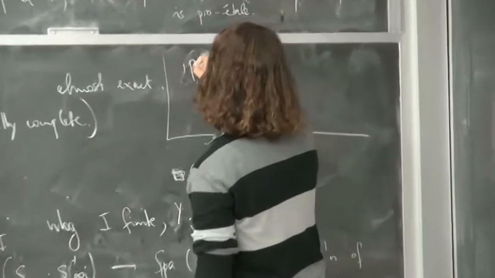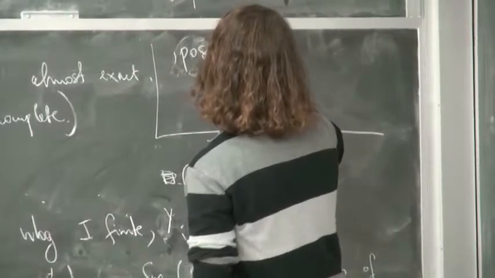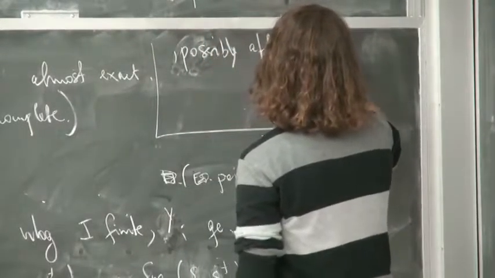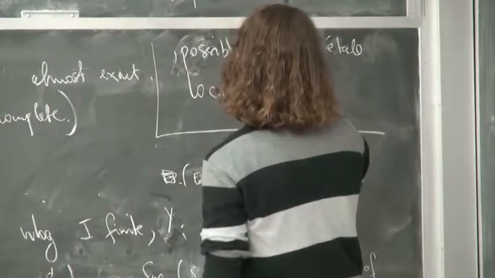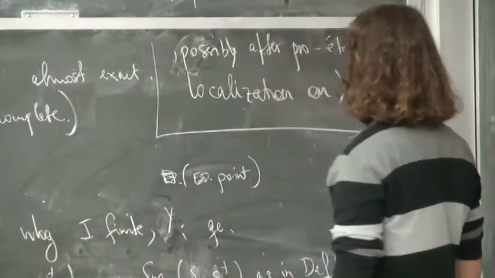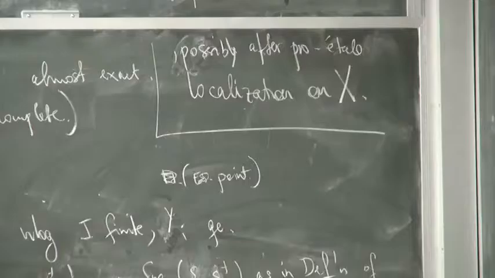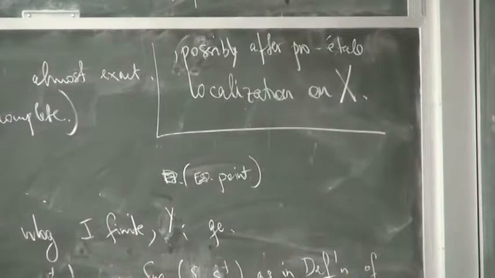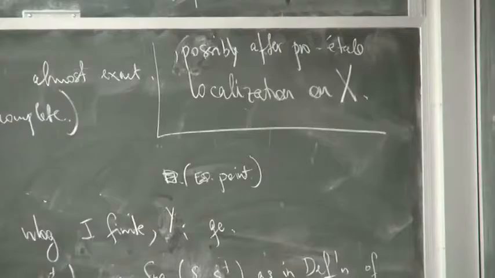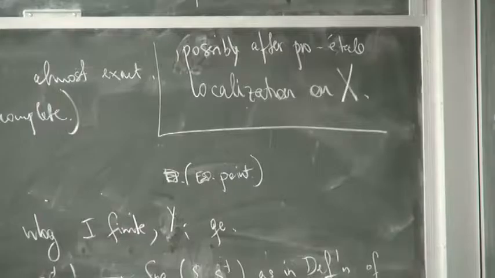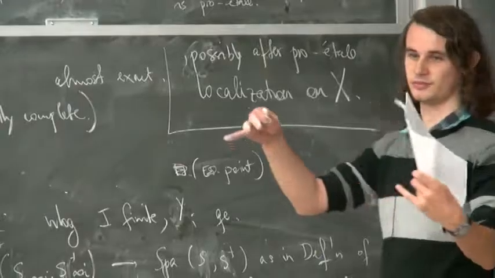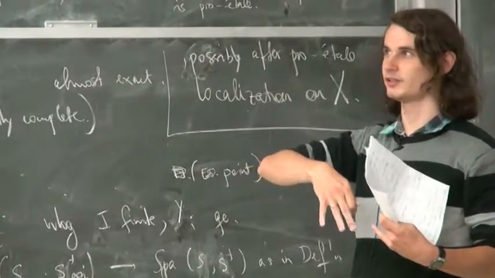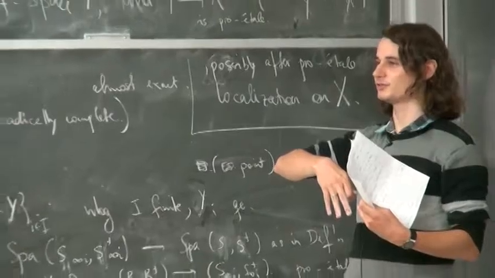So I think I should add that this is possibly after pro-étale localization on X. Including the representability or just the pro-étale? Well, maybe actually both, yes. So it's also not clear that you can glue perfectoid spaces over pro-étale covers. Although this might actually be true.